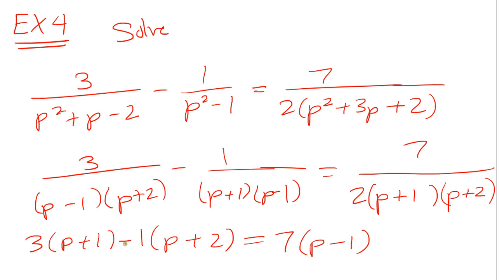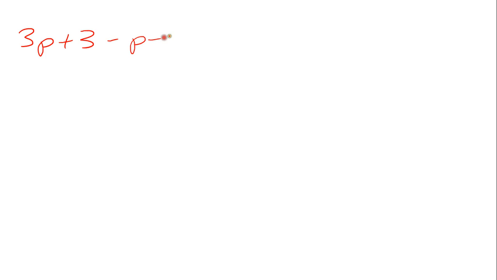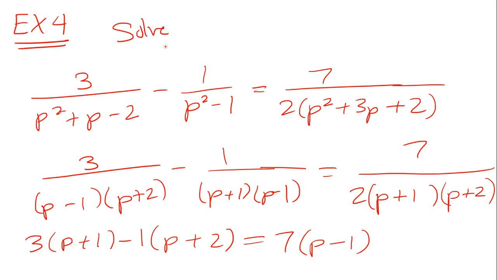So we're going to have 3p plus 3 minus p minus 2 equals 7p minus 7.